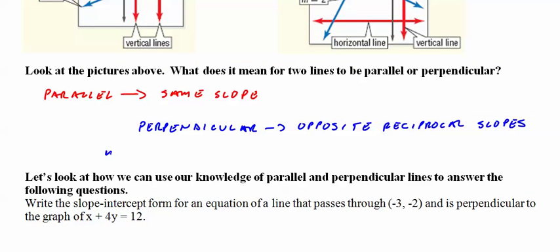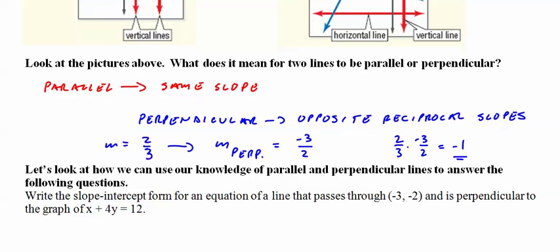So if the slope is 2/3, the perpendicular slope is -3/2. Flip it, multiply by -1. You could also say that you multiply the two slopes together and you will get -1. 2/3 times -3/2 equals -1. So that's another way to do it.